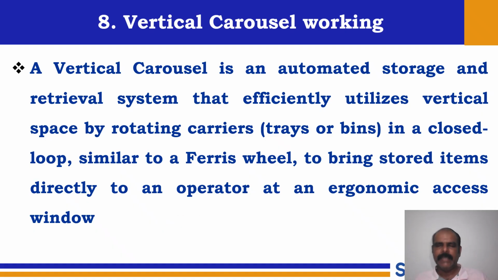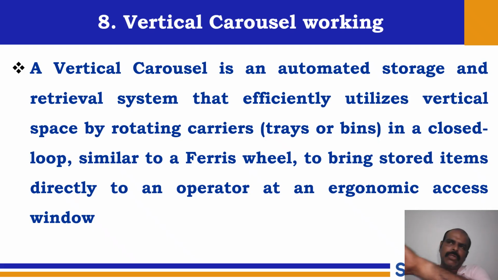How to understand it: there might be a rack of say 20 feet height. It is highly impossible for a human to climb to the 18th or 20th foot to get it, but it operates on a rotating carrier. Usually, an operator works in the range of say 4 to 5 feet, which is comfortable for them to handle.